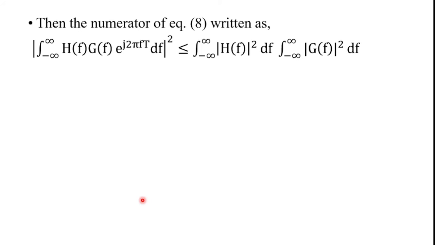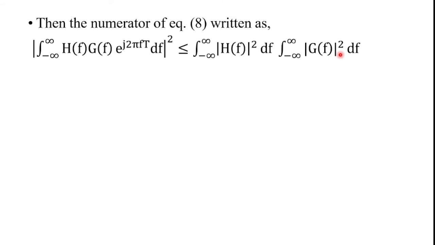Now here phi 1 of x is considered as h of f and phi 2 of x is considered as g of f into e power j 2 pi f t df whole square, less than or equal to integral minus infinity to infinity magnitude of phi 1 of x whole square, where phi 1 of x is h of f, into integral minus infinity to infinity phi 2 of x, which is g of f into e power j 2 pi f t, whole square. So the magnitude of e power j 2 pi f t.